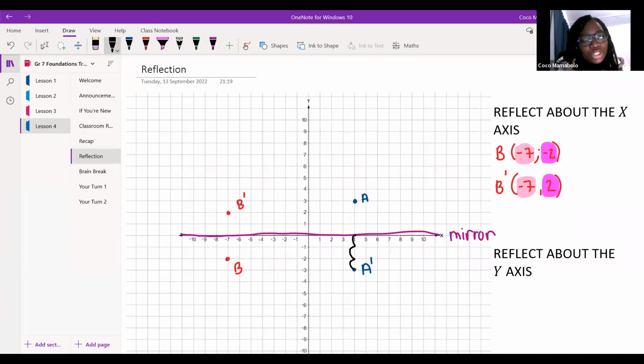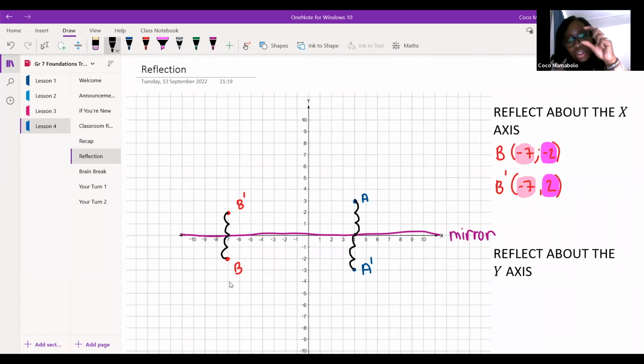And from A to my mirror, I count 1, 2, 3 values. And from B to my mirror, I count 1, 2. And from B prime to my mirror, I count 1, 2. Do you guys see how they're the same?